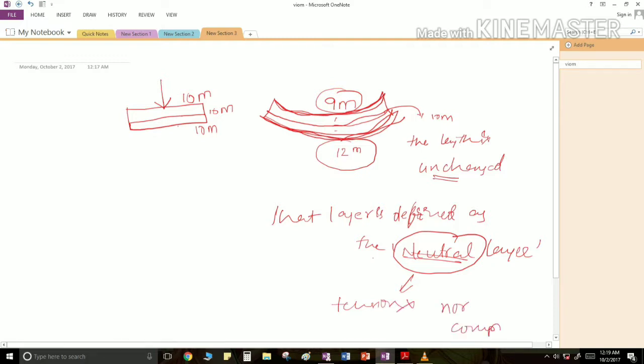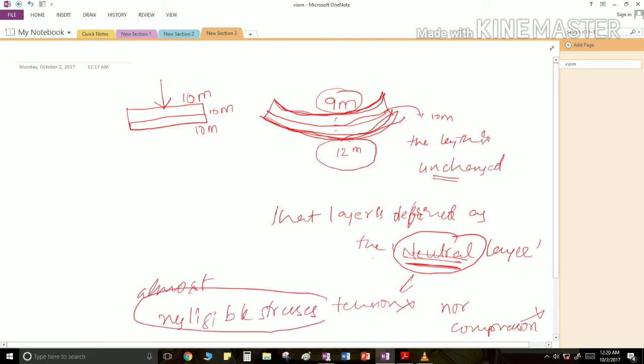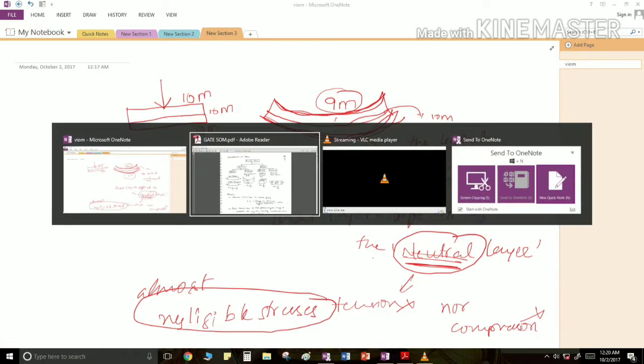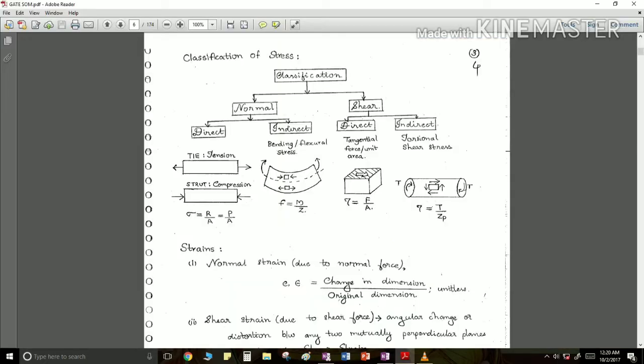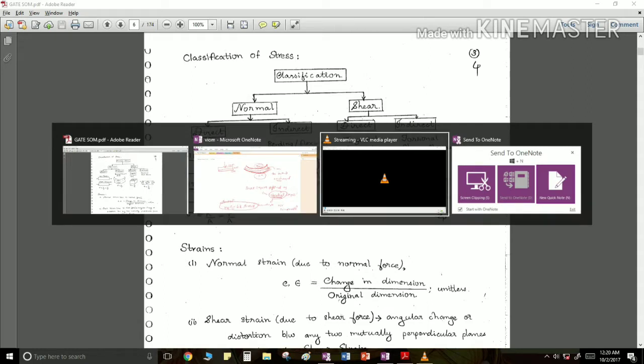The neutral layer will neither undergo tension nor compression. The name itself indicates it is a neutral layer. We can say almost negligible stresses are there in that layer, the stresses are very negligible there. Okay, so that is the neutral layer.